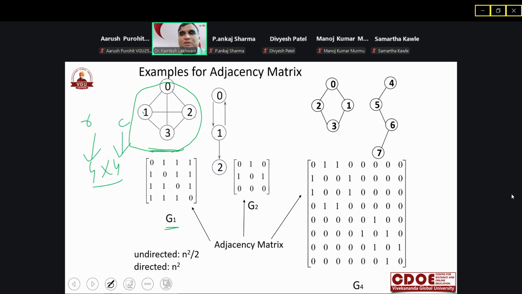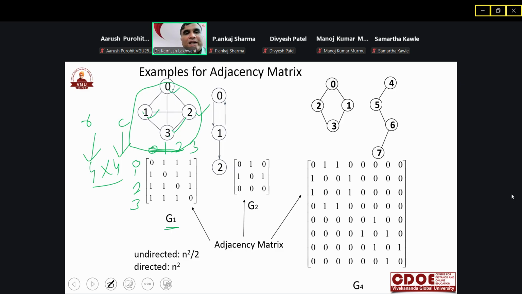So we need to take a symmetric matrix of 4 cross 4, with indices 0, 1, 2, 3 and 0, 1, 2, 3. These are the symbolic representation of nodes, the nomenclature of vertices.